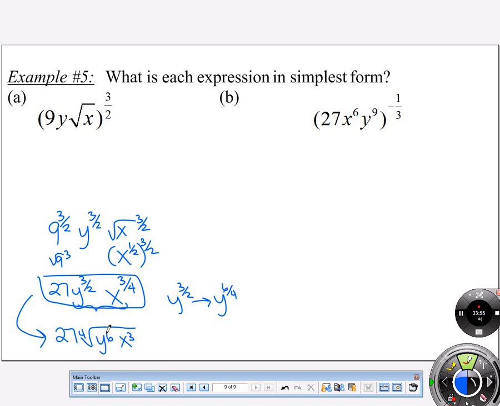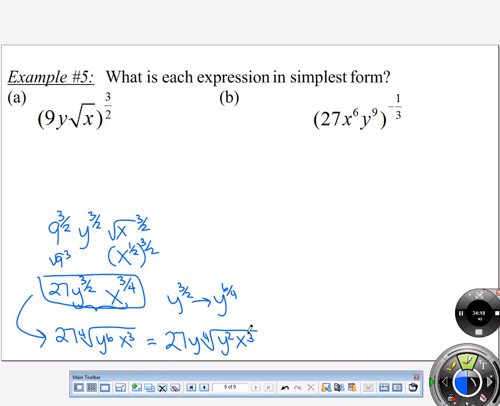And then this could be simplified a little bit, right? Besides the 27 outside the radical, y has 6 factors underneath a 4th root. How many powers of y can be written outside the radical? 1, because there's one group of 4. Okay? And then how many will be left inside the radical? Y squared and x cubed. Okay?